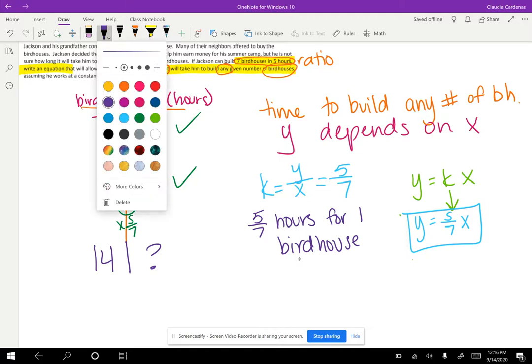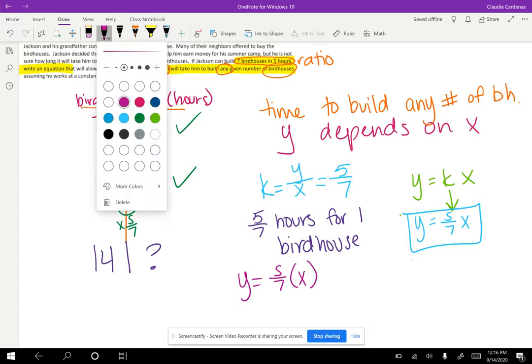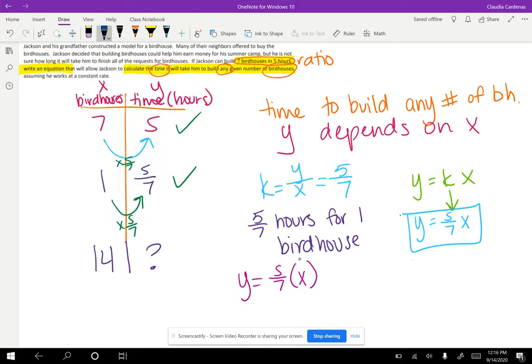Well, I see that we have our equation y equals 5 over 7x. And in our table, I see that birdhouses is now the variable we have for x. So I'm going to substitute that into my equation. And now I'm going to multiply 5/7 times 14, just like we would have done in our table when we were looking at them like a week ago, right? We still use that constant multiplier to figure out what y was.